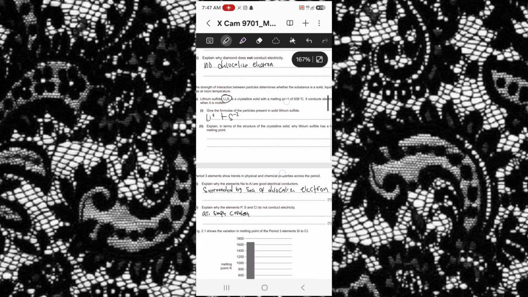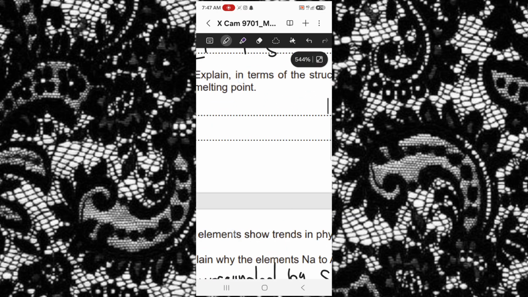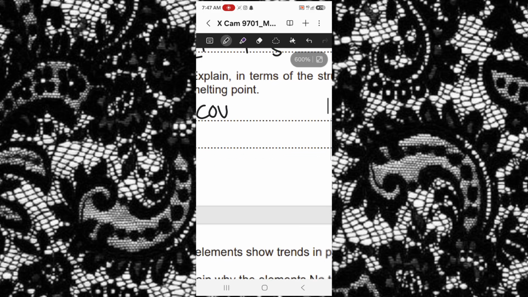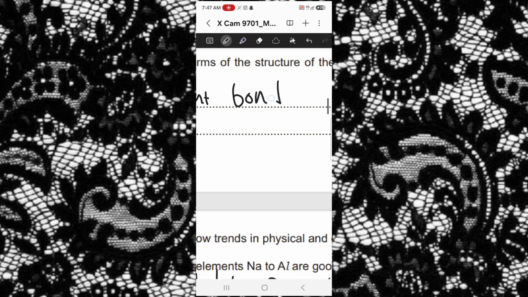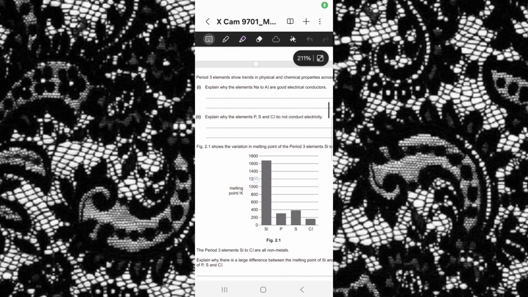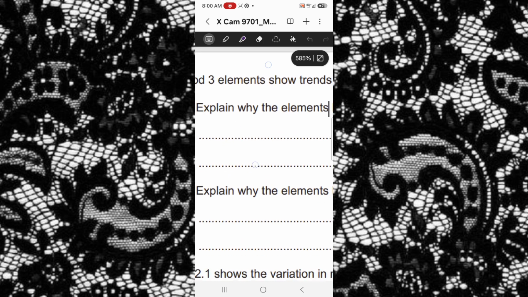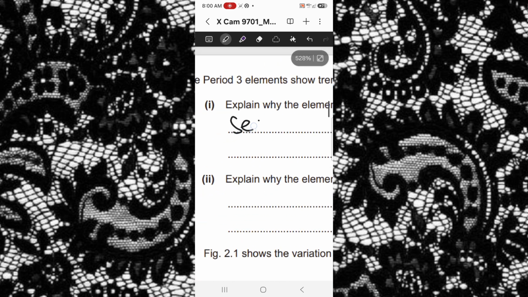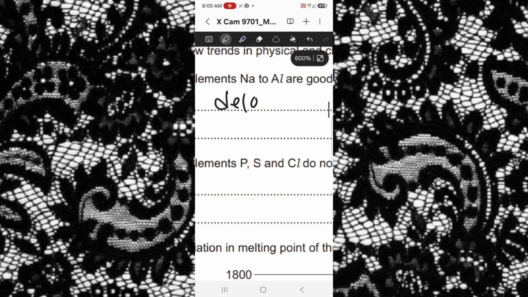Explain in terms of structure of crystalline solid why lithium sulfide has a high melting point: because it's ionic bonding. Go to number 2. Explain why the elements Na to Al are good electrical conductors: because they have delocalized electron.